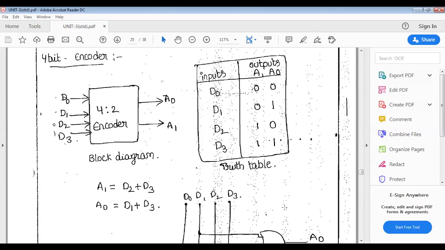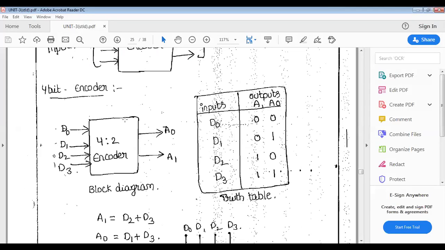Similarly, we can go to another one, just like the 4-bit encoder: the 8 by 3 encoder. Previously we saw the 4-bit encoder. Now I am taking the 8-bit encoder.